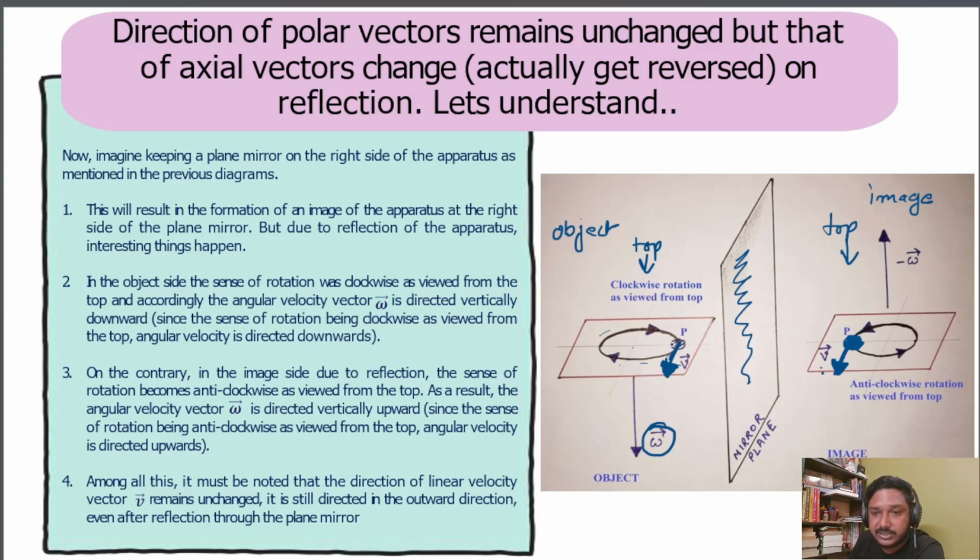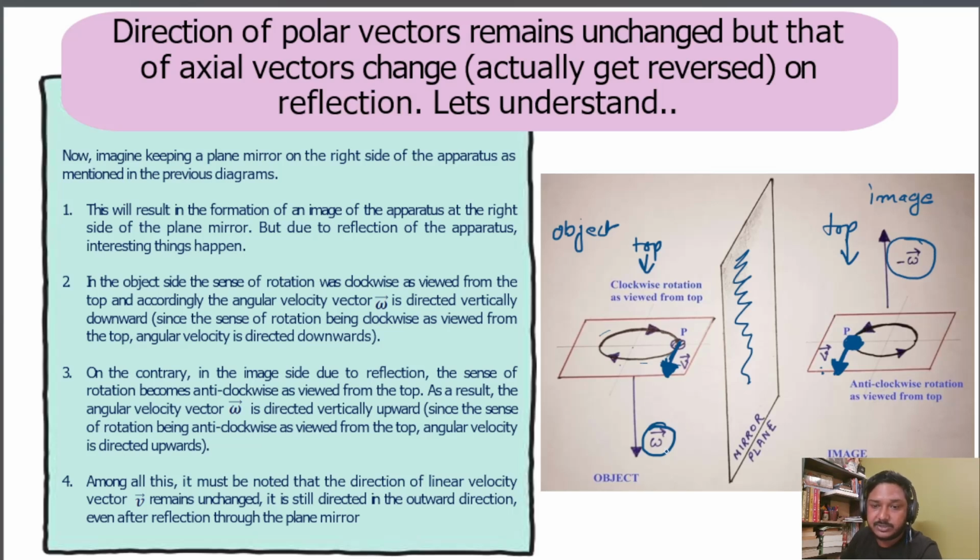There is no change in the direction of the linear velocity on reflection. But since on the image side the object is now rotating in the anti-clockwise direction as seen from the top, the angular velocity will be not omega but minus omega, and it will be in the upward direction.